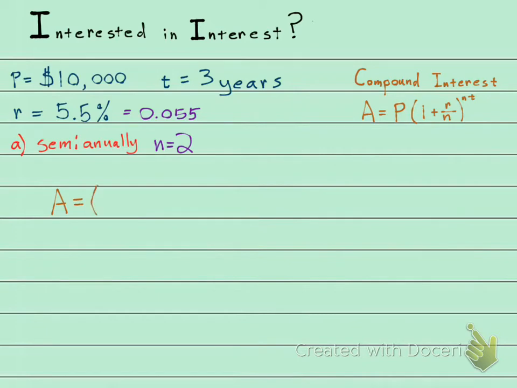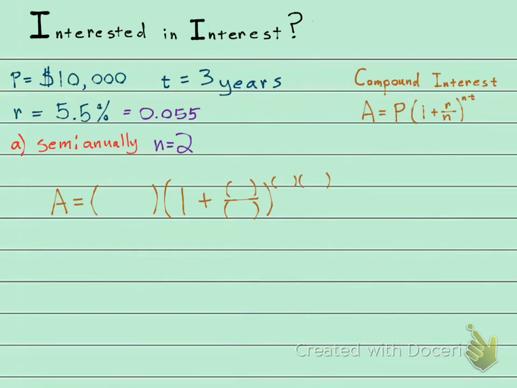It equals the principal times 1 plus the rate R over N, that 5.5% divided however many times we're going to compound it throughout the year, to the power of NT. N is the number of times a year.